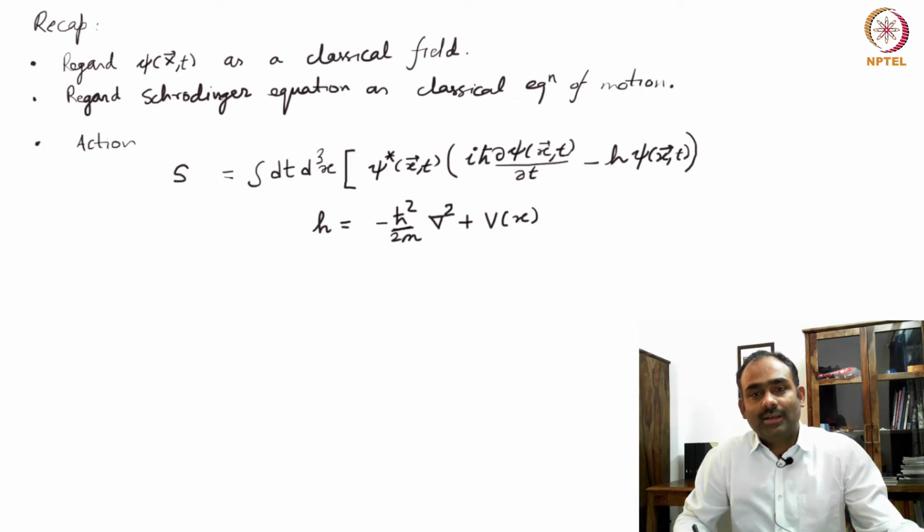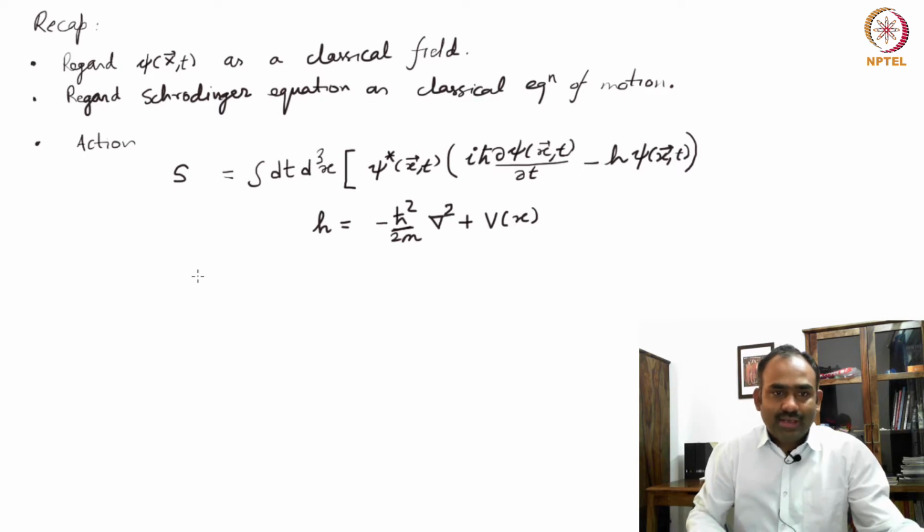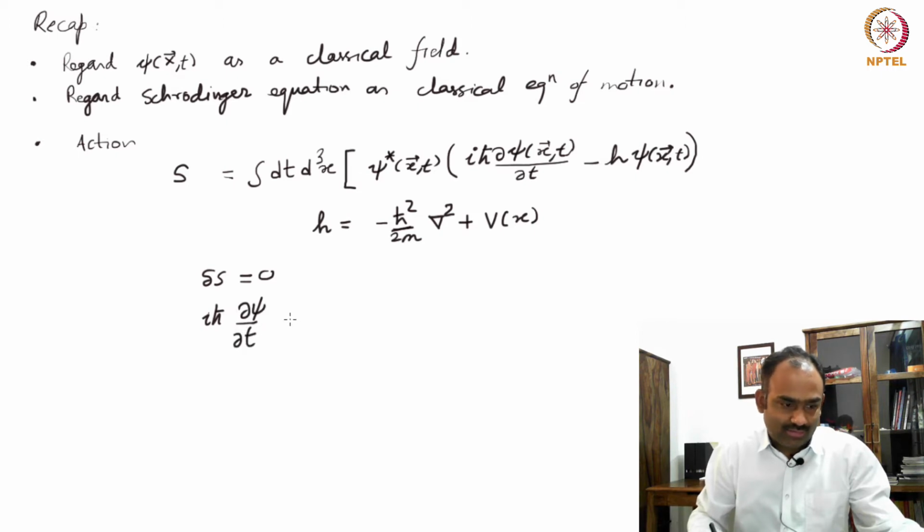So we had a potential in the problem. And then we derived equations of motion using delta S equal to 0, treating psi star and psi as independent variables, and found that the equation of motion was what we wanted. That's not surprising, that's how we constructed things.